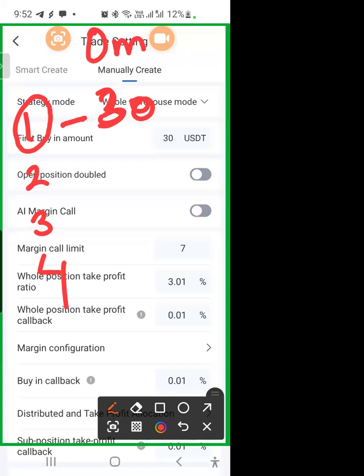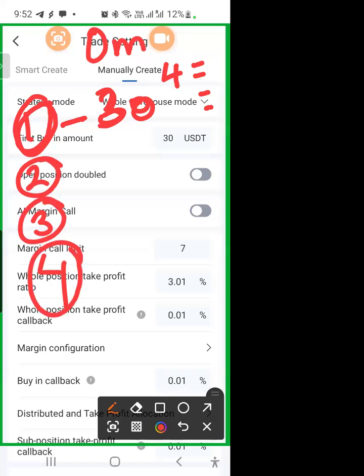But within that basket of OM, there are 40 small OMs inside. From first call, second call, third call, and fourth call, these are bought on a basket basis.